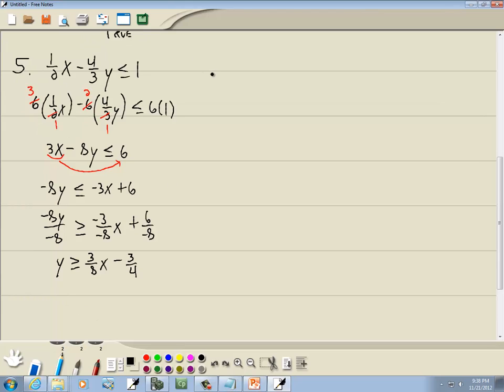We're going to pretend that it's y equals 3/8 x minus 3/4 and graph it. Well, if it's in slope-intercept form, the number at the end is your y-intercept. So it's negative 3/4, which would be right there.